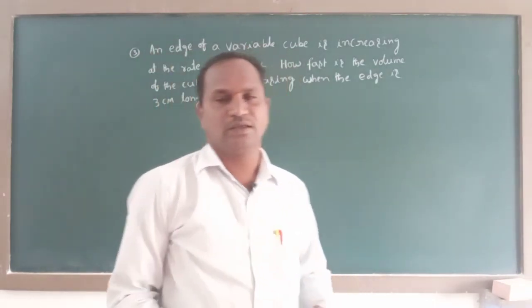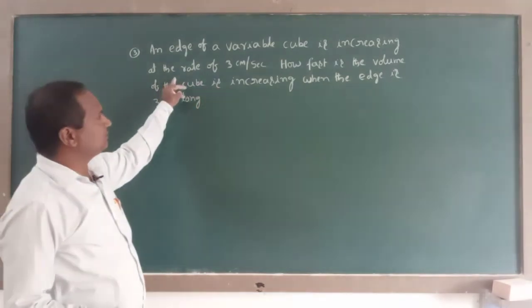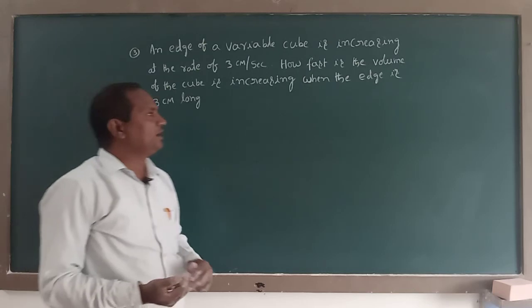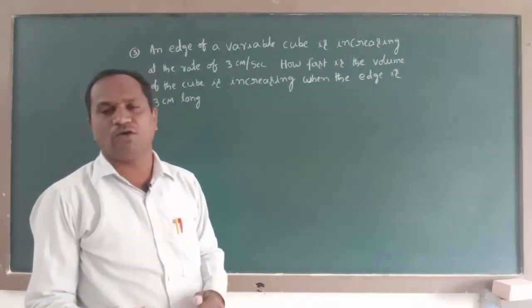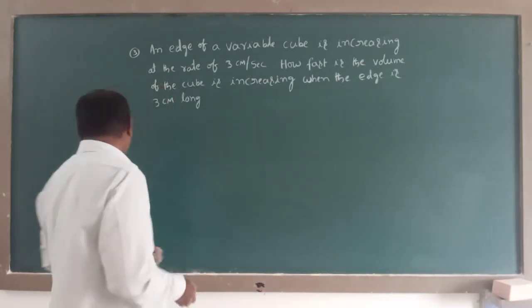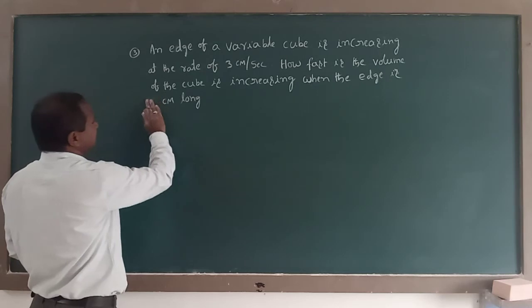In the problem they gave the rate of change of an edge, and with the help of this we are going to find the rate of change of volume when the edge is 10 centimeters.